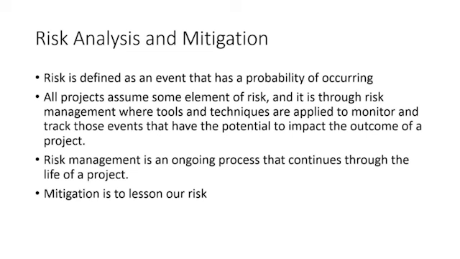It is through risk management that we get the right tools and techniques to apply so we can monitor and track those events that have the potential to impact the outcome of our project. Risk management is an ongoing process that continues throughout the life of the project. It's not something that we just do at the beginning and say, oh, we're good. We want to do it throughout the project to make sure that risk is as minimized as possible.